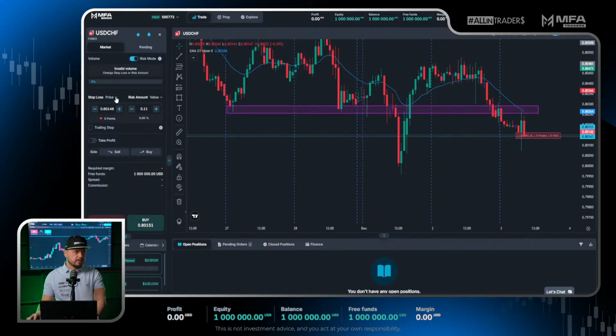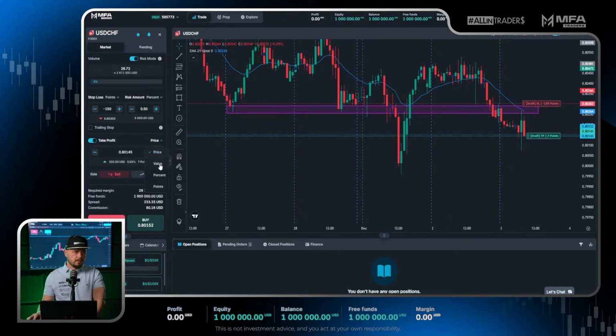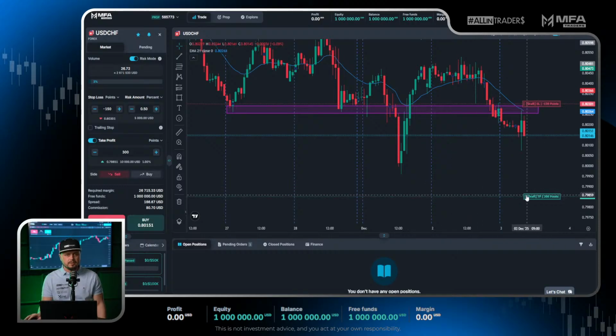Risk mode, price points, percent, 0.5%. And I want 15 pips stop loss. Minus 15 pips, so, and the take profit, for 30%, which is good.